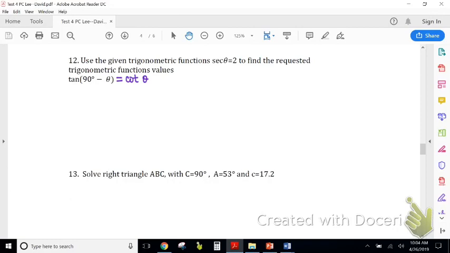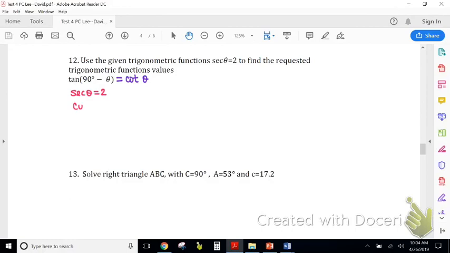So they told us that secant of theta is equal to 2. And so, it's up to you which way you use. We know we can make it a triangle. We could use x, y, and r. Or we could use, like I said, the triangle and use the Pythagorean theorem. So which way do you want to do this? The triangle? Great.